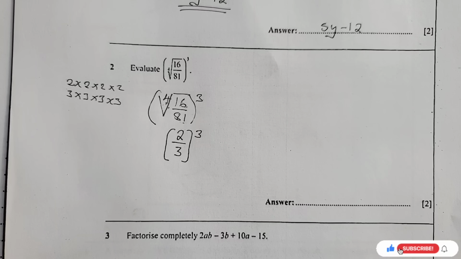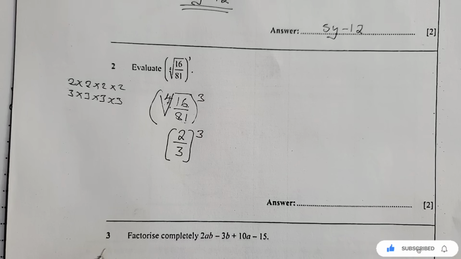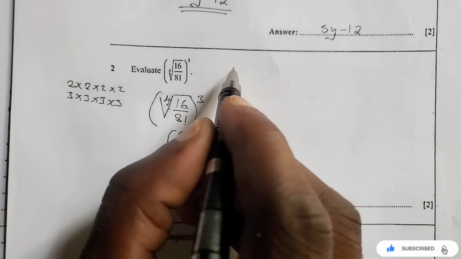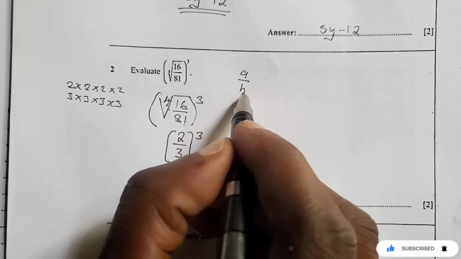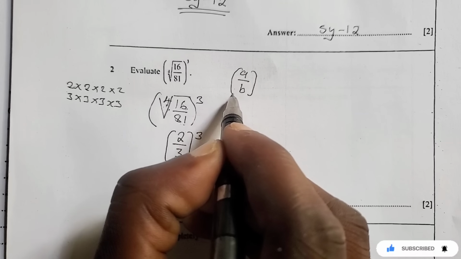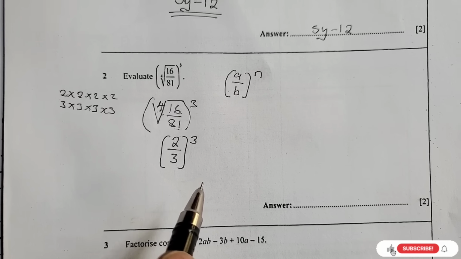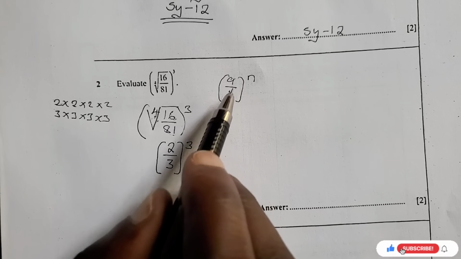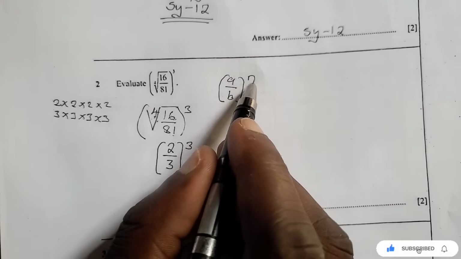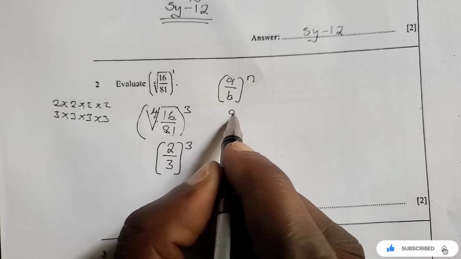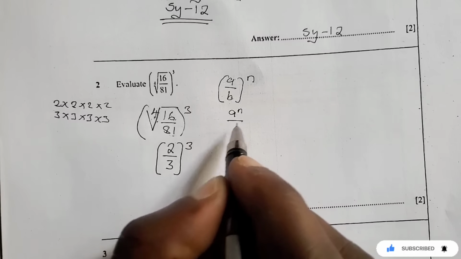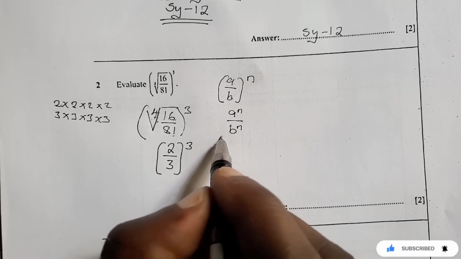The other law of indices states that if you have a over b to the power n, what is inside is a fraction, the base is a fraction, you distribute the power, so it will be a to the power n over b to the power n.